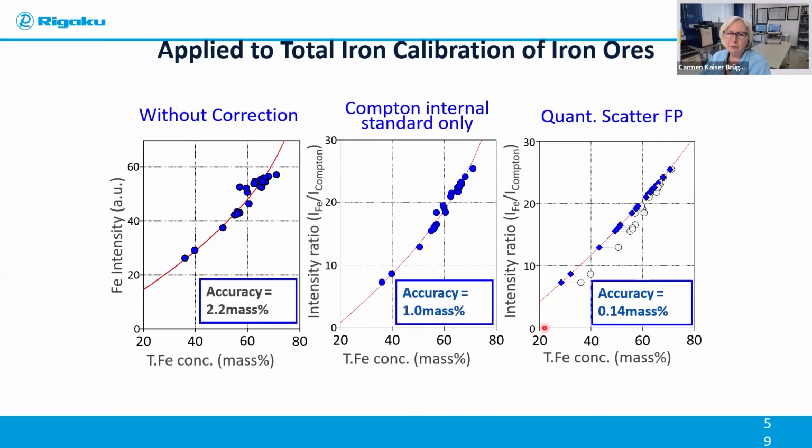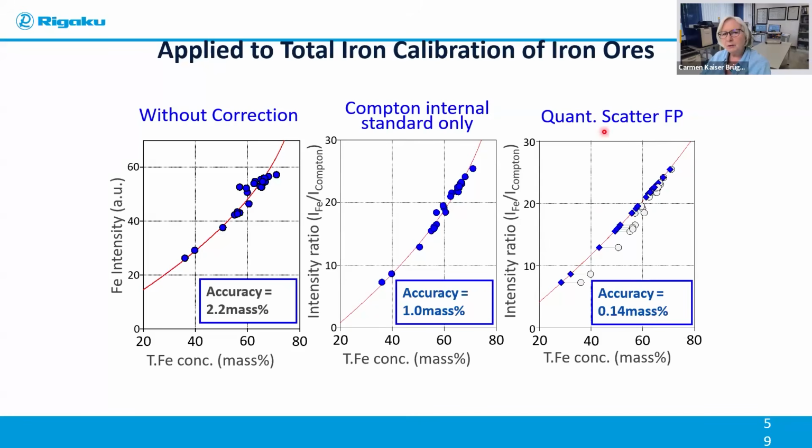But the moment that we pull in the scattering FP together with the quant method, we can see that we have a much better fit, and very good matrix corrections are applied to our application with a very, very low error. So very useful for this application.